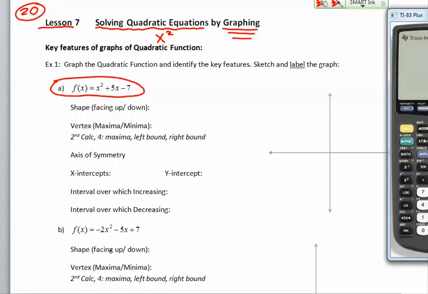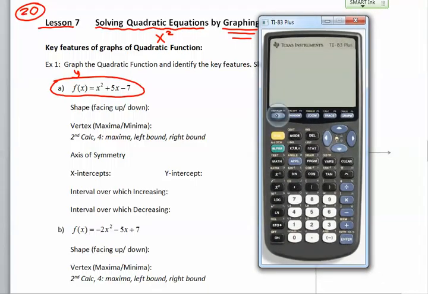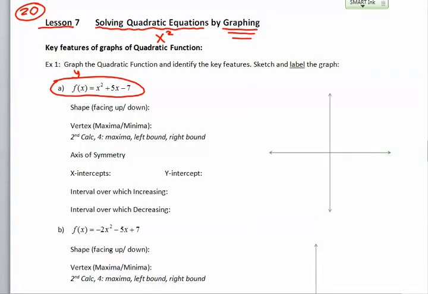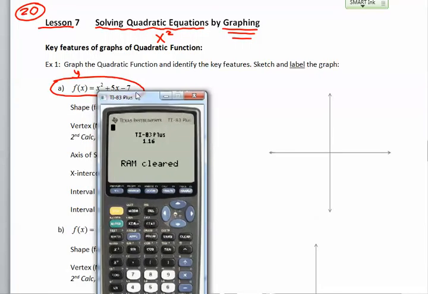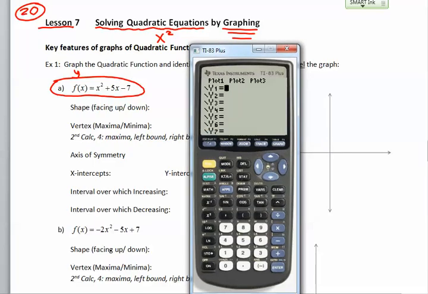Remember, my f of x I can just treat like a y. So y equals x squared plus 5x minus 7. If you grab your calculator and type that in, y equals x squared plus 5x minus 7.